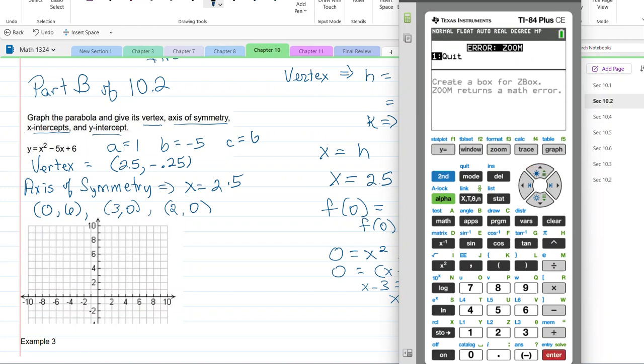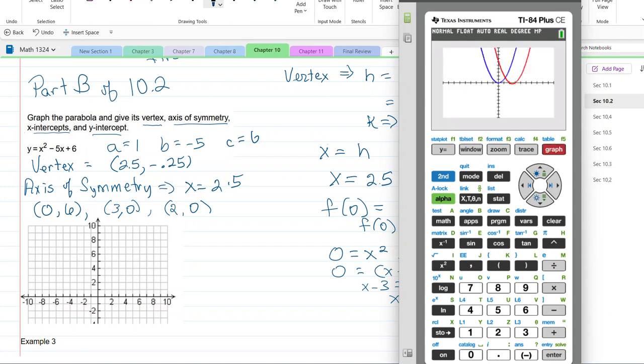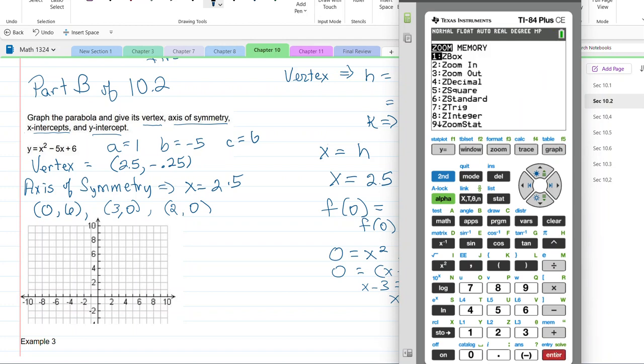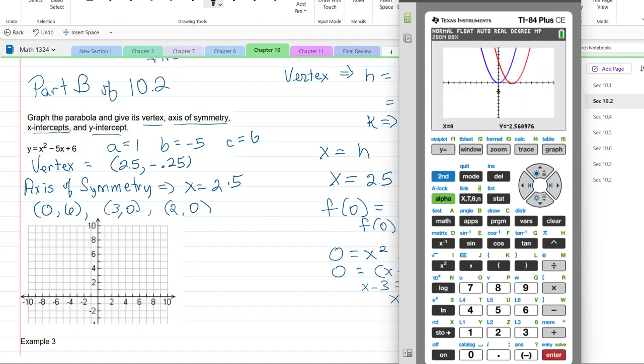I should have gone across. It's hard on a simulator. If I was on my calculator, it'd be good. Because I want to see the x-intercepts so you can see them.